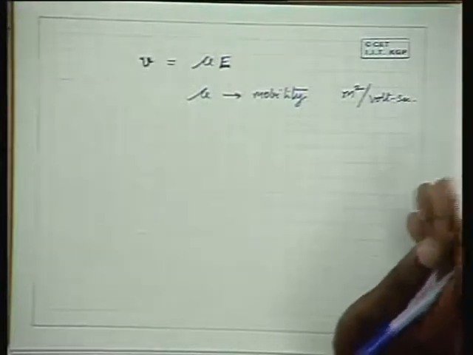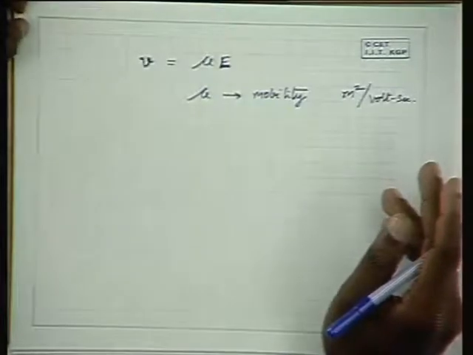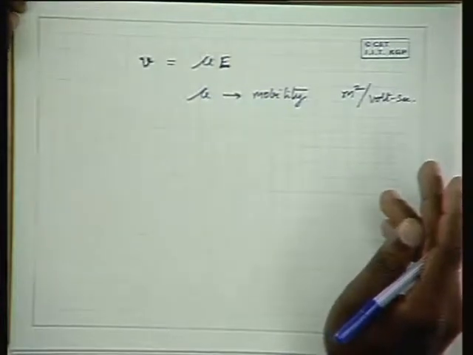Naturally, the number of free electrons available in that material. If the number of free electrons is very large, the conductivity is very high. And if the mobility is very large, naturally the speed would be large. If the speed is large, under a small electric field itself, a lot of electrons flow from one side to the other side, and as a result the current will increase.